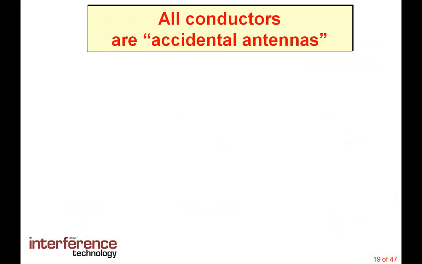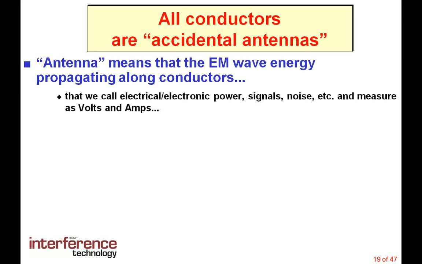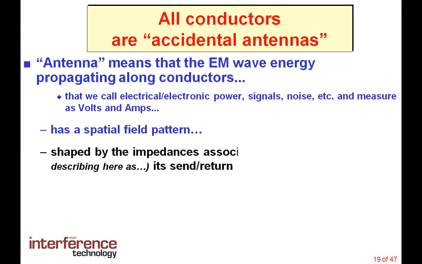Another thing we need to understand is that all conductors are what we might call accidental antennas. If you look at the antenna on your radio or your television, it's just a bent piece of wire. So all wires are antennas. Being an antenna means the electromagnetic wave energy propagating along it, that we call electronic power signals, and measure in volts and amps, has a spatial field pattern, rather like what I was sketching earlier on.